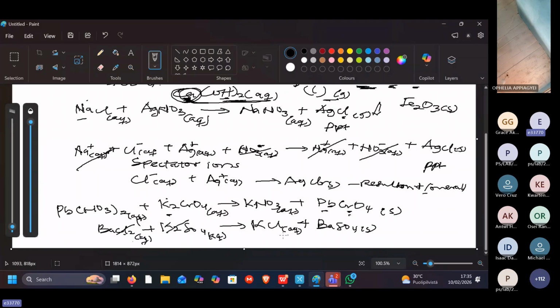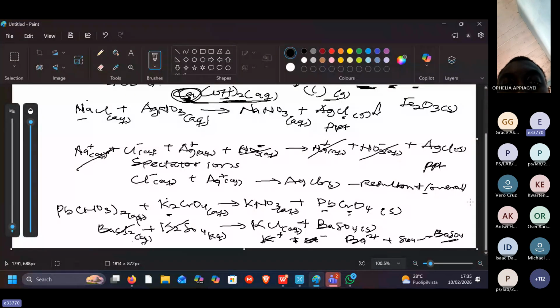So the overall ionic equation will be barium 2 plus and sulfate to produce the solid, barium sulfate, which is the precipitate that forms.